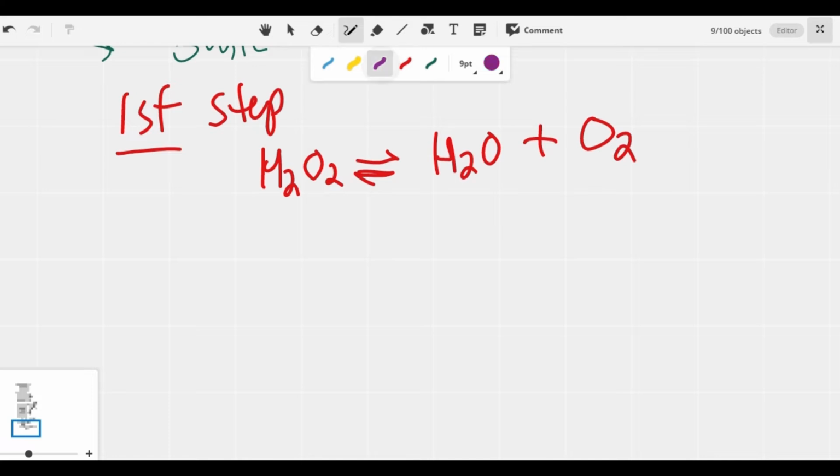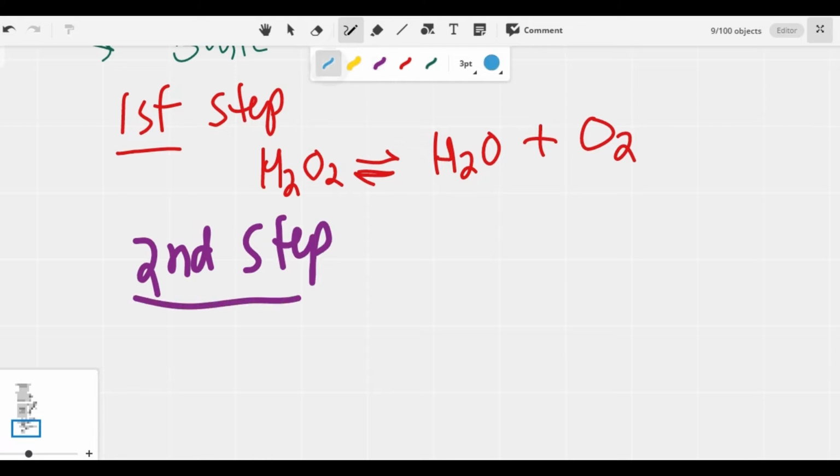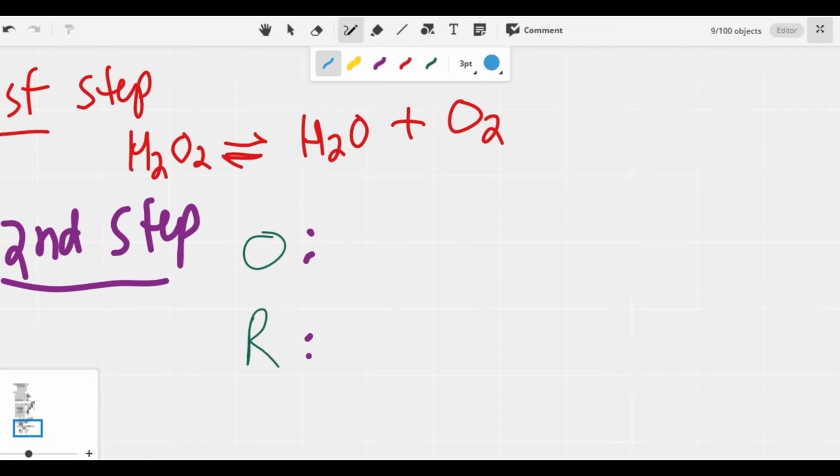And the second step is to split that equation into oxidation and reduction. Let's suppose I'm going to write O and R. In the oxidation, here that is H2O2 that will give oxygen. How?